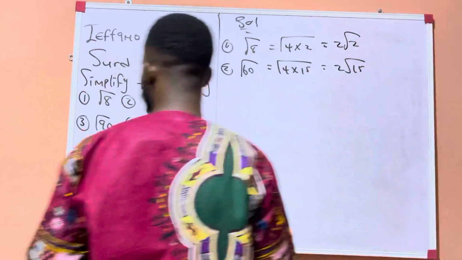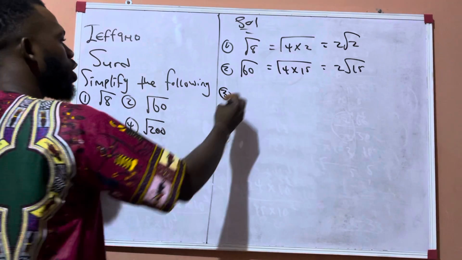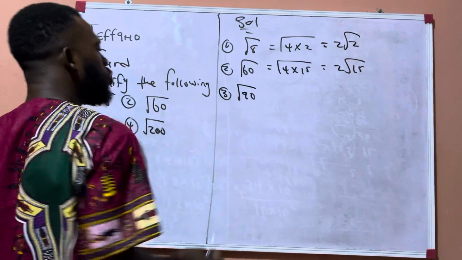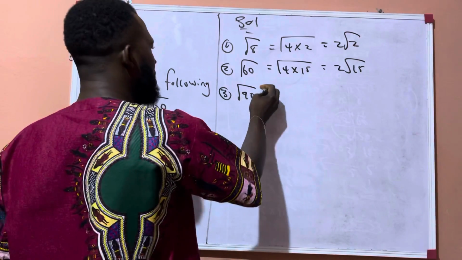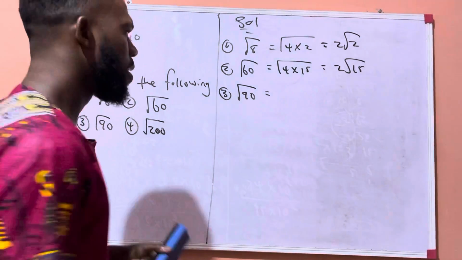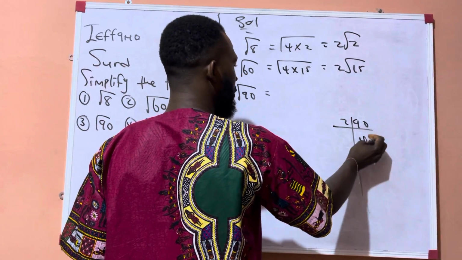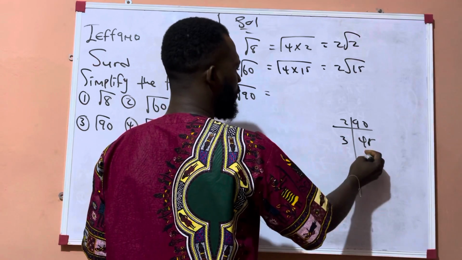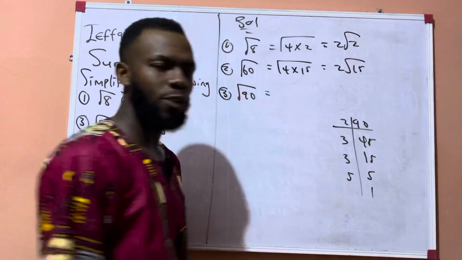Question number 3 says we should simplify root 90. The same thing applies, the LCM method. Now, the LCM of 90: 2 into 90 is 45, 3 into 45 is 15, 3 into 15 is 5, and 5 into 5 is 1.